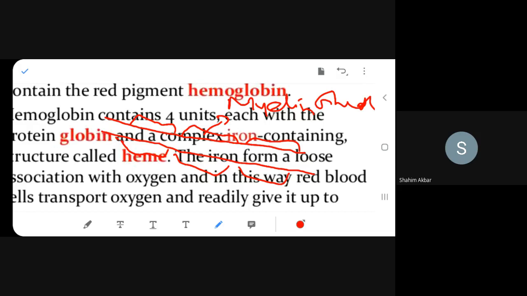Fine. And this is called the nodes of Ranvier. This is how you have to remember. This is the structure of a neuron.